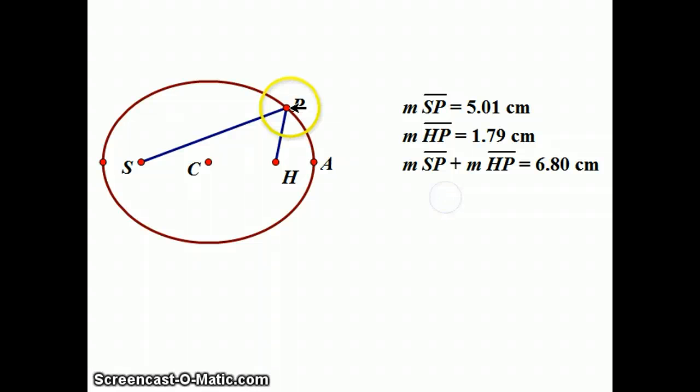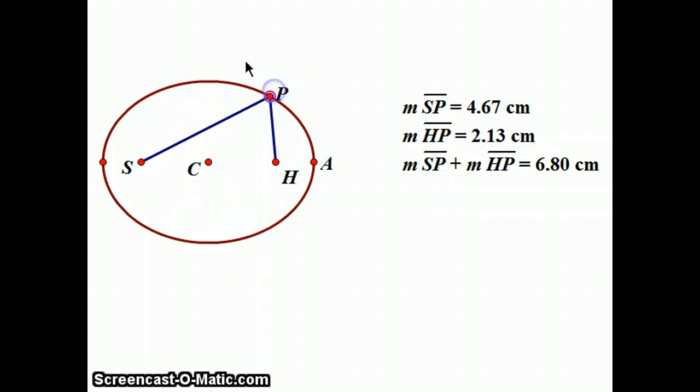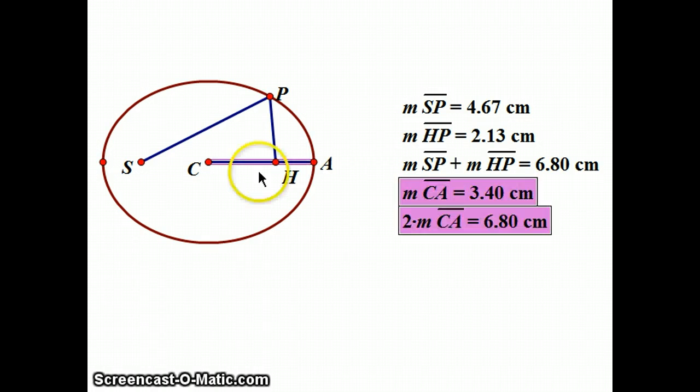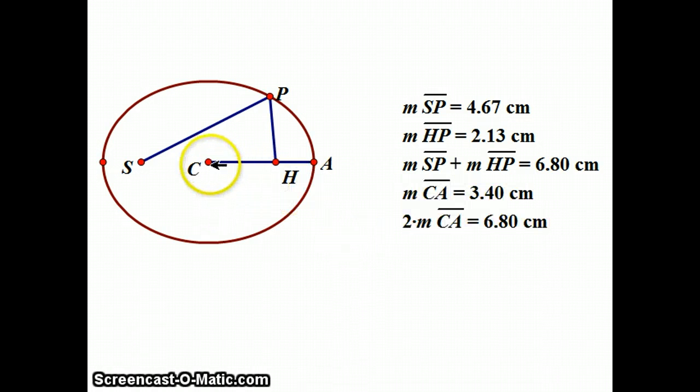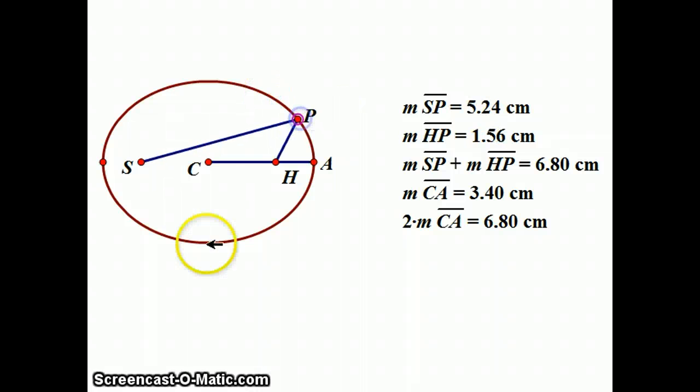It's 6.8 here, and as I move this around, it continues to be 6.8. In Algebra 2, they also will show you that magic number is equal to the major axis, 2 times AC, from A to C. So that's one property Newton is going to use.